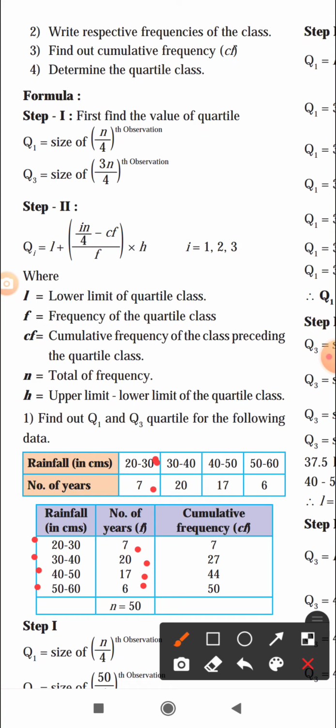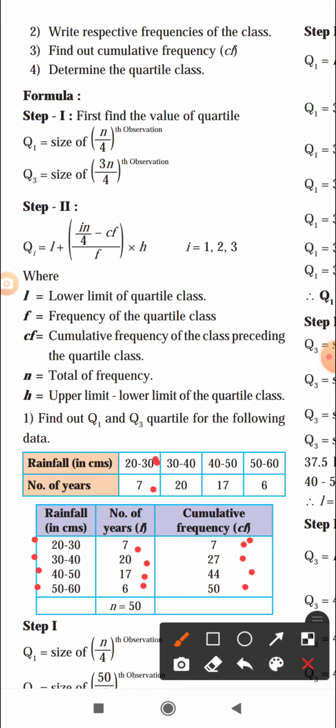Next step, find out cumulative frequency. The cumulative frequency for the class 20 to 30 is the same, that is 7. Frequency and cumulative frequency for the first class are the same. Next, 7 plus 20, 27. 27 plus 17, 44. 44 plus 6, 50.